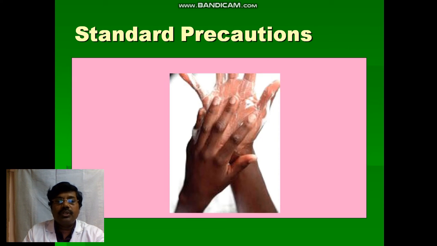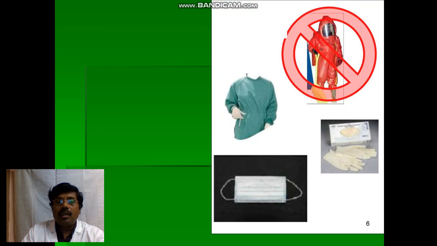Some standard precautions everyone should take when you do duty in your ward. The standard precautions include proper hand wash, gowning, wearing a mask, gloving and particular dress, goggles, overshoes and so on.